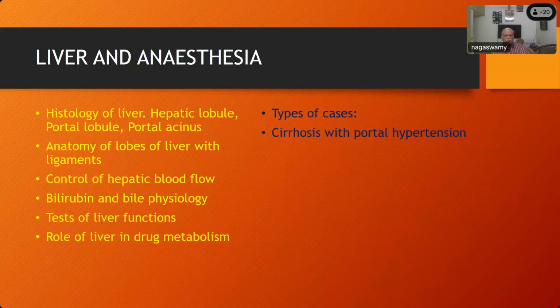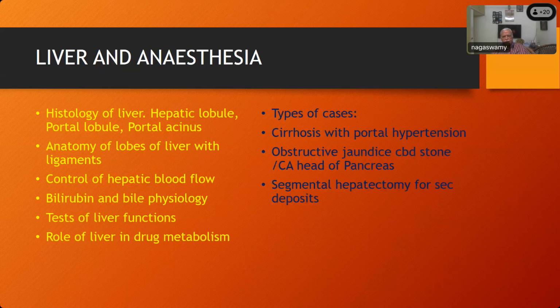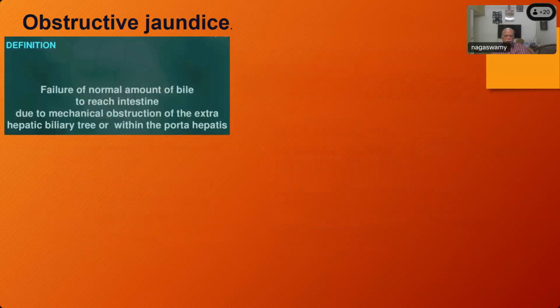The types of cases you can get are cirrhosis with portal hypertension, obstructive jaundice cases with carcinoma head of pancreas or gallbladder stone, common bile duct stone, segmental hepatectomy for secondary deposits, and end-stage liver disease for liver transplantation. So these are all the clinical cases, with which, of course, we discussed hematemesis also in this case. And anesthesia sometimes for ERCP can also be asked.